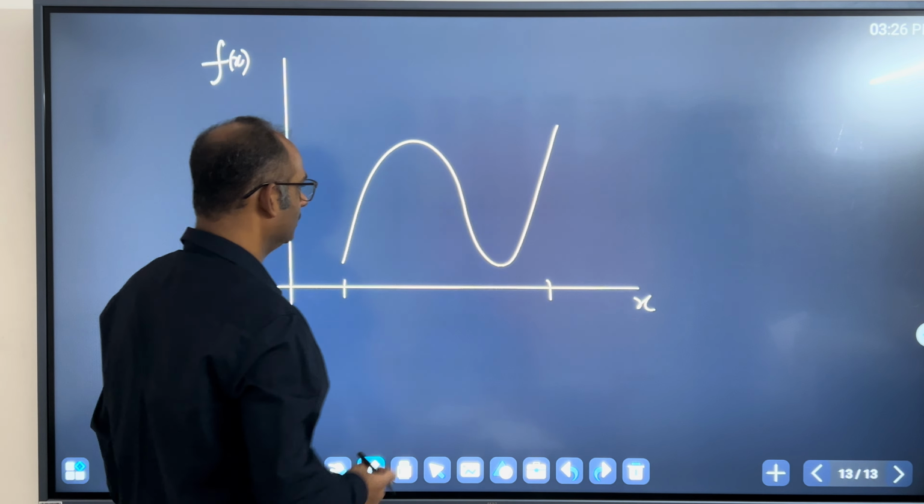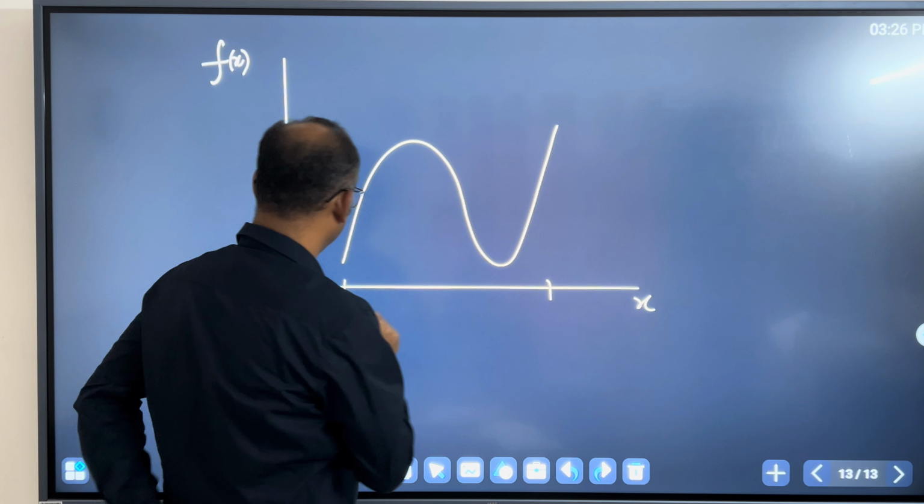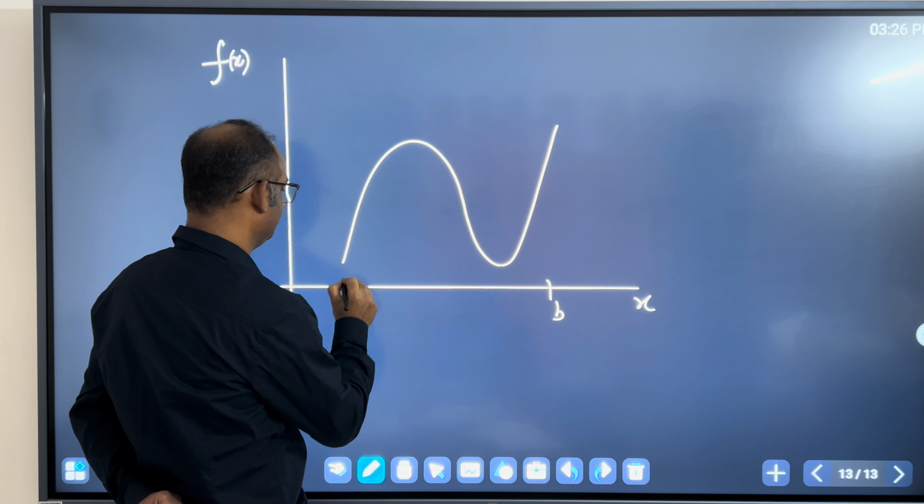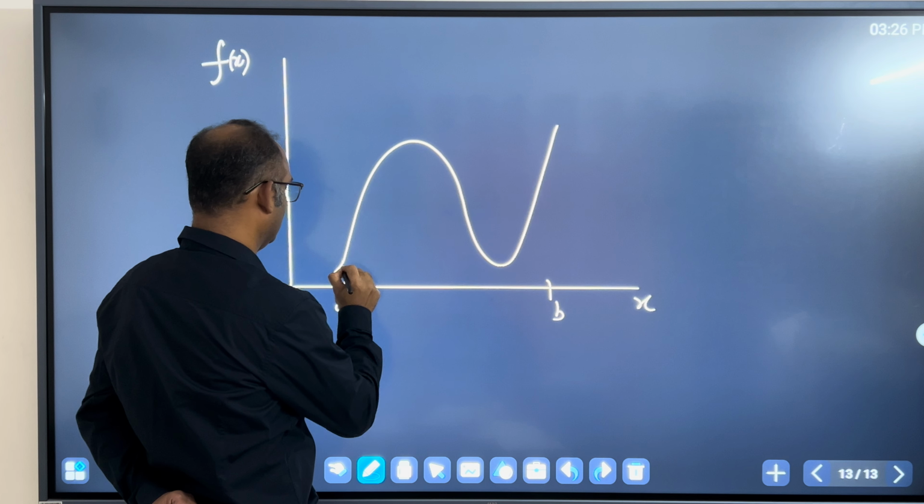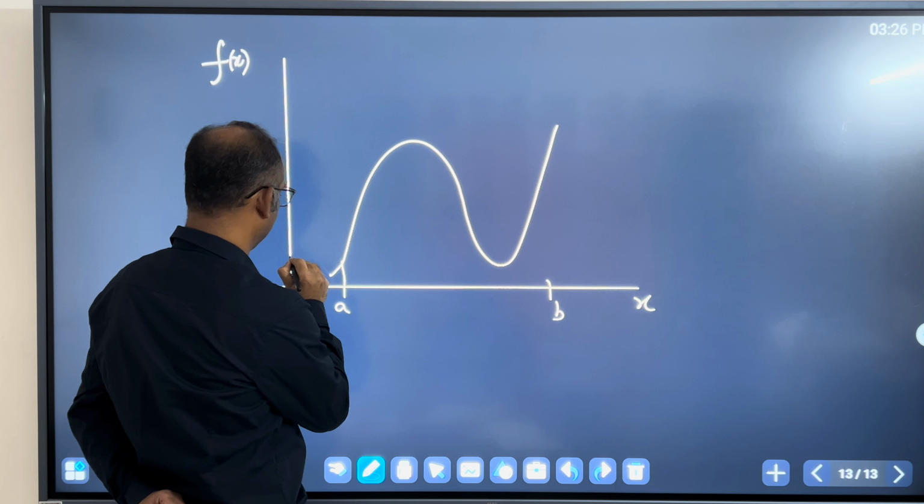Yes, that's true. So let's say that's A and B. If I look at this point, that's the value of the function.